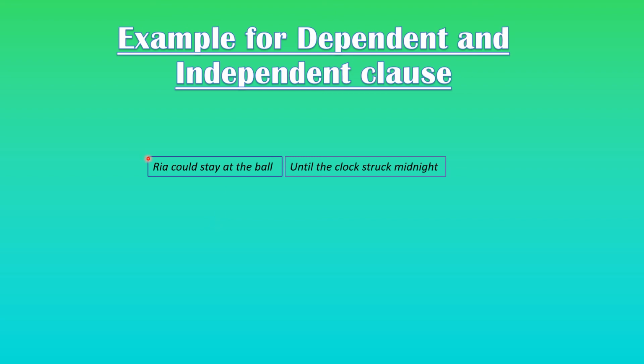I just divided this into two parts, so I think it might be easy for you. Ria could stay at the ball is independent, because if we remove the other part it can still stand. A dependent clause always depends on the main clause.